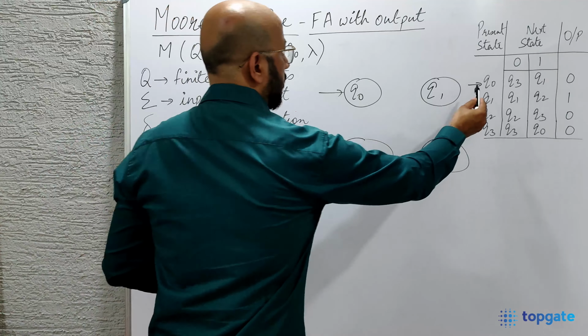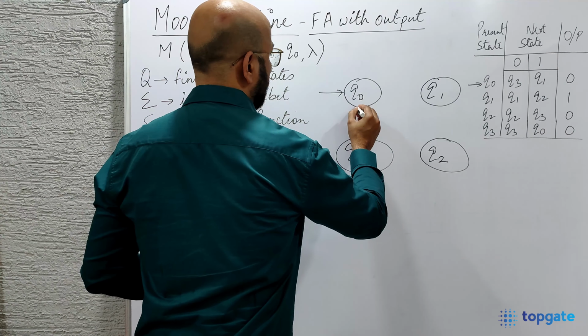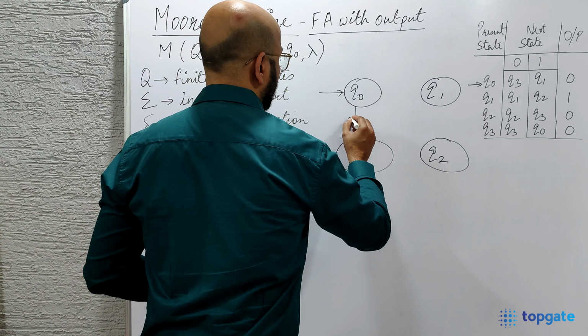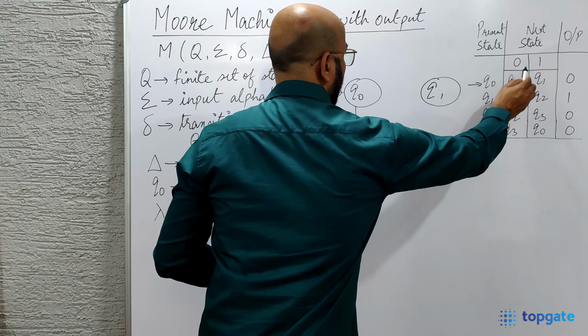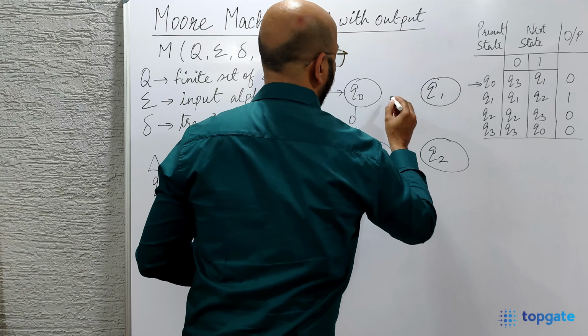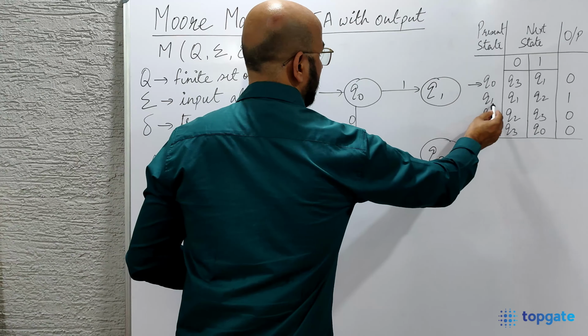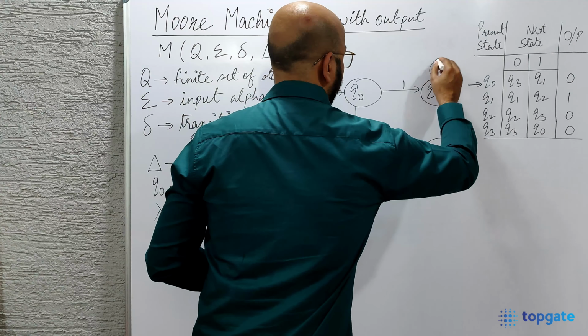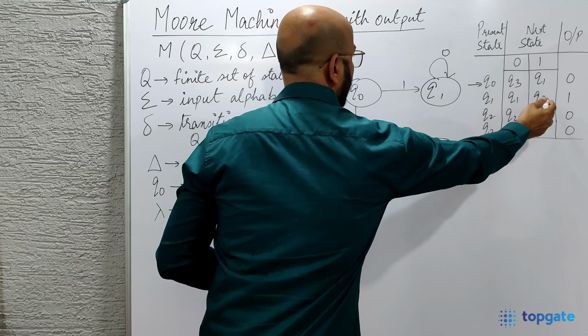Okay, so from Q naught with 0, I'm moving on to state Q3. Clear? And from Q naught with 1, I'm moving on to state Q1. So 1. Clear? Now Q1 with 0, it is Q1 only. That means it is a self loop. And from Q1 with 1, it is Q2.